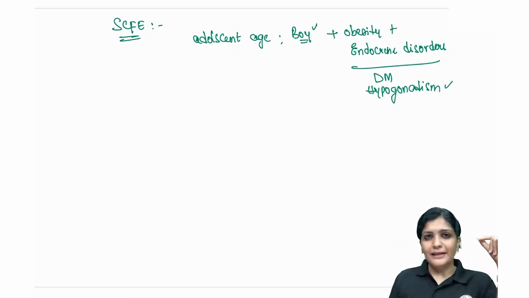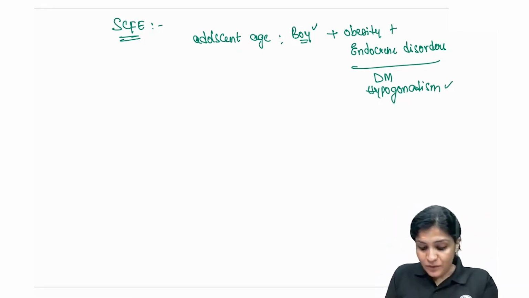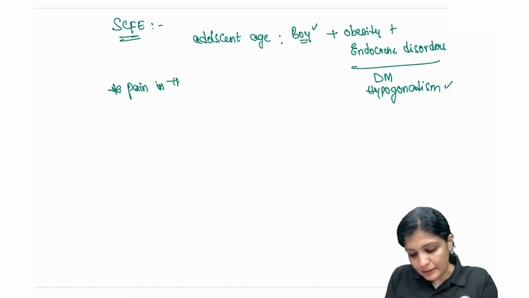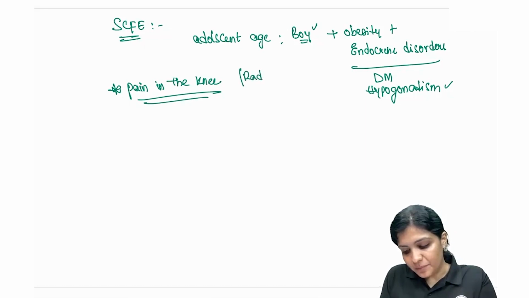So whenever you see an adolescent age, they only present with pain in the knee. So this is nothing but a radiating pain from the hip.